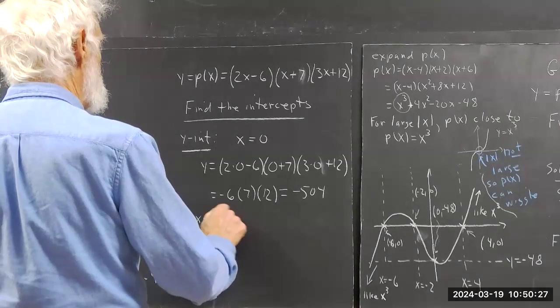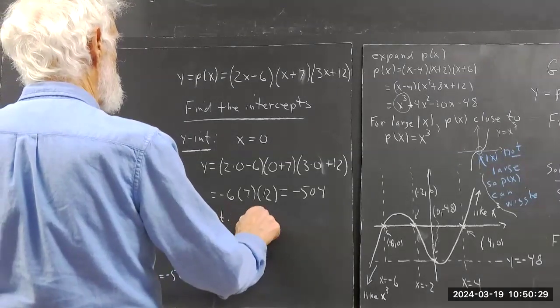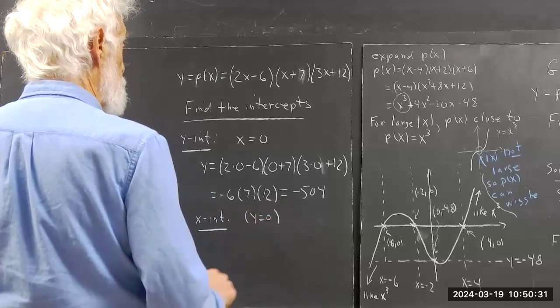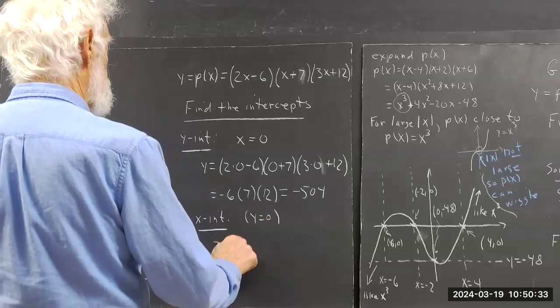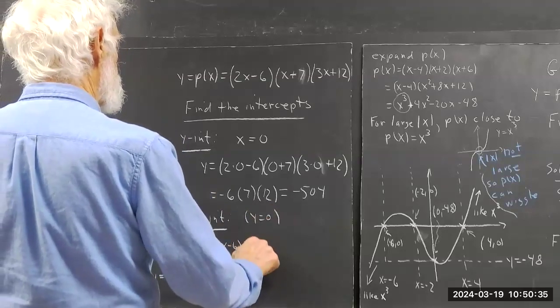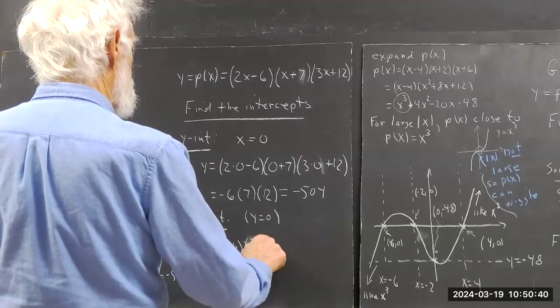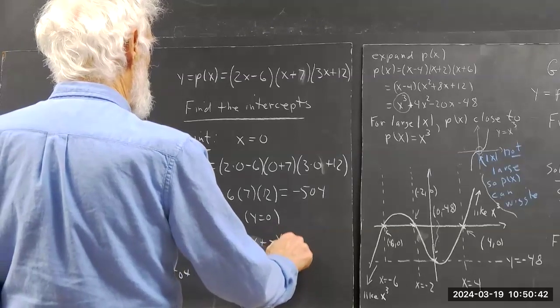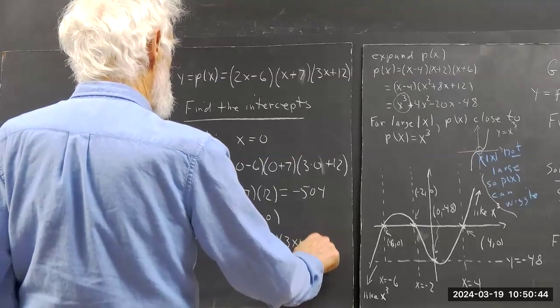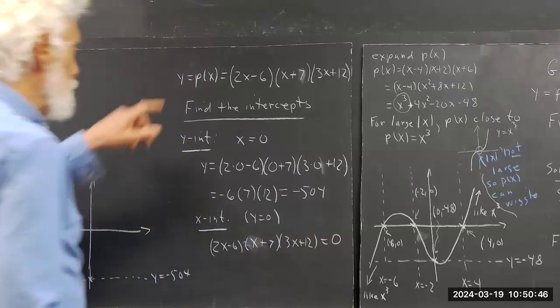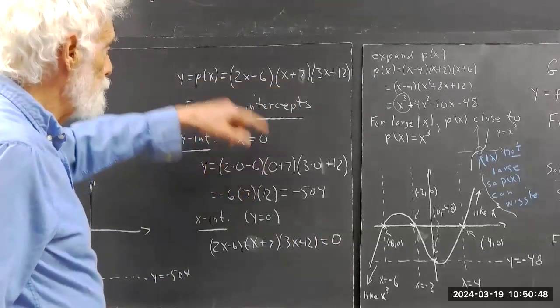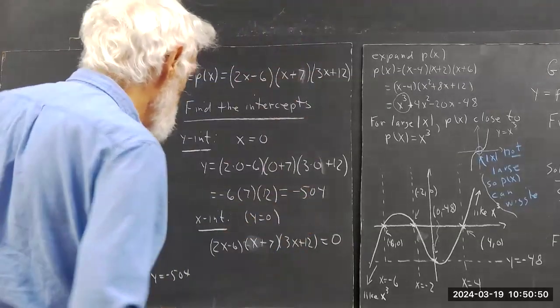X-intercepts. That occurs when y equals 0, so you're going to get 2x minus 6 times x plus 7 times 3x plus 12 is going to have to equal 0. Since y equals this, if y equals 0, then all this has to equal 0.